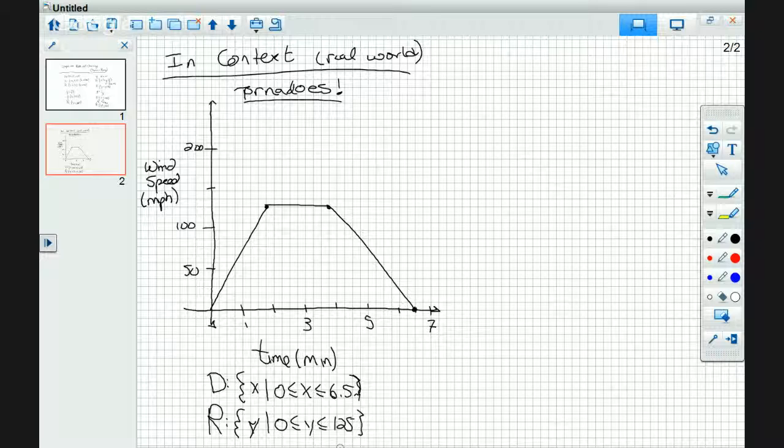Okay. What is the rate of change from t equals 0 to t equals 2?